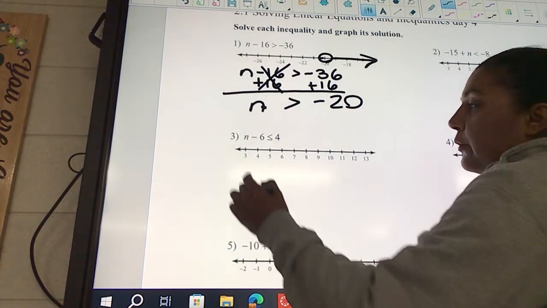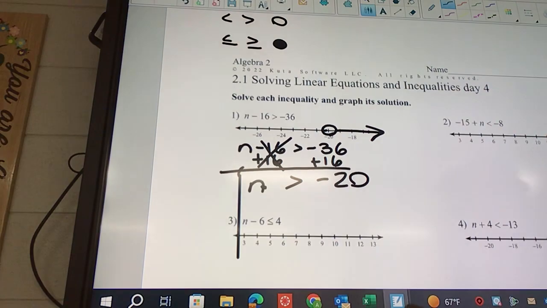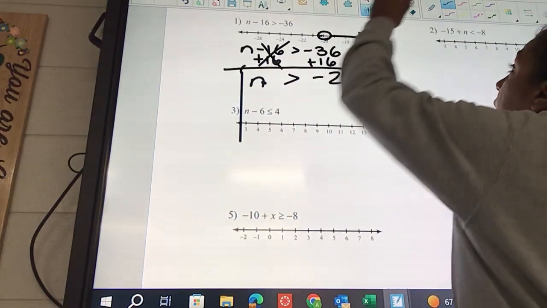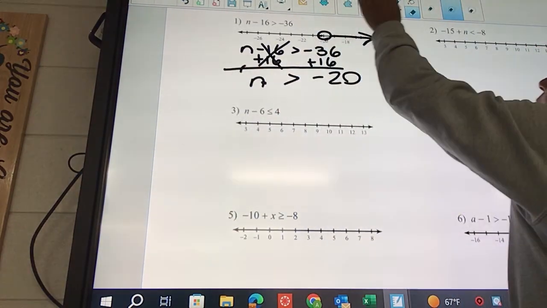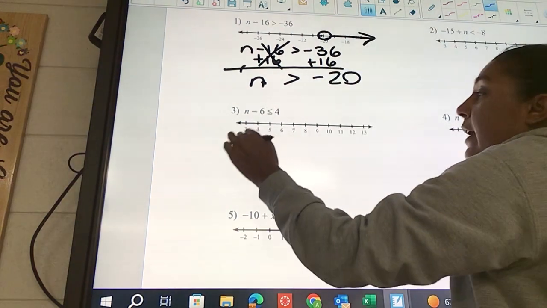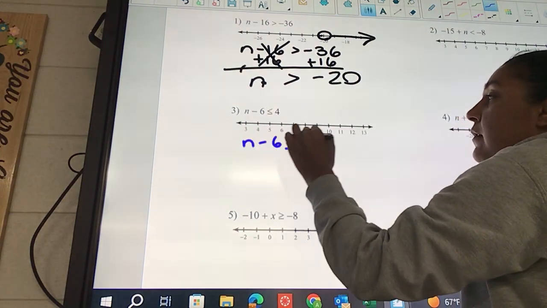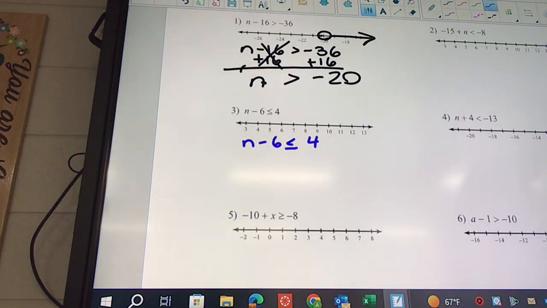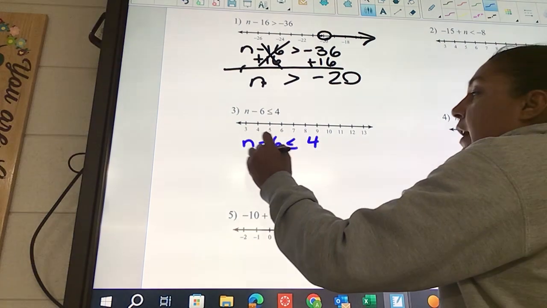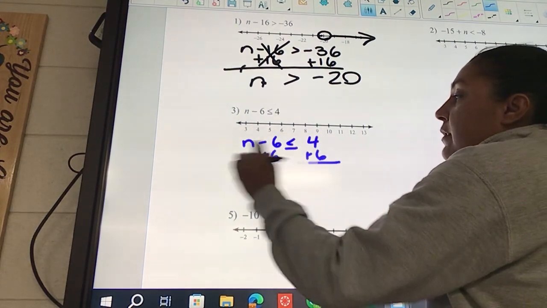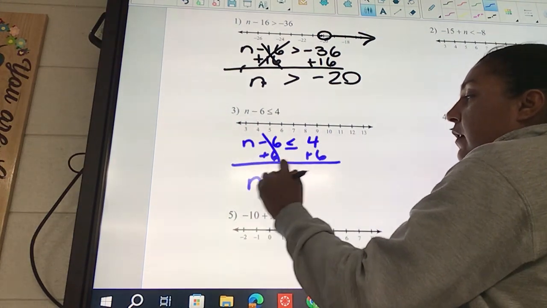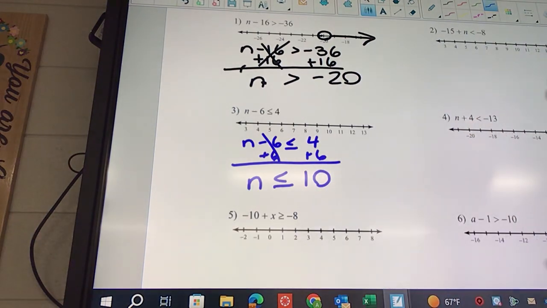Number 3 is going to be, I'm going to write it down here. So I got N minus 6. What needs to be moved? The negative 6. How do I move a minus 6? Add 6, add 6. So that's going to give me a 10.